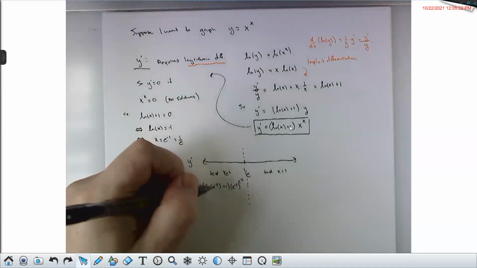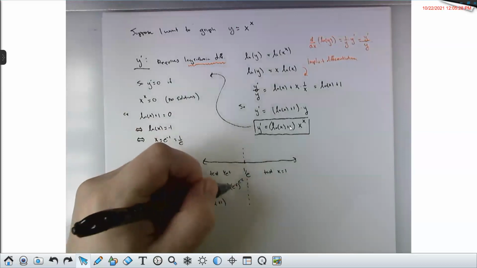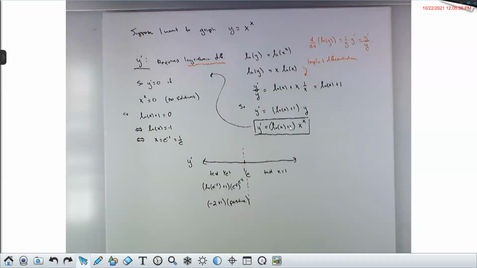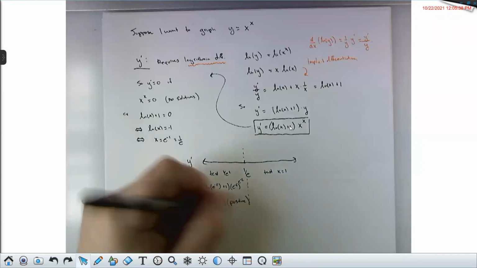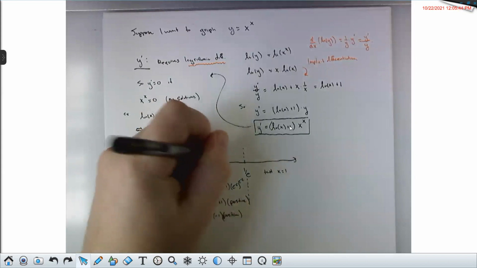The natural log of e to the -2 is -2. So this is -2 plus 1 times e to the -2, all raised to e to the -2. I don't care what that is. It's positive. It's a power of e. So this is -1 times a positive number. So this is negative.